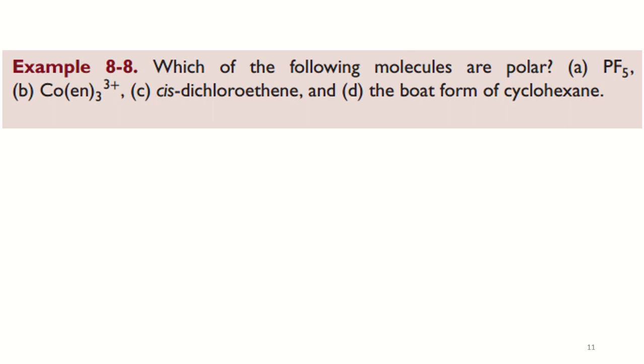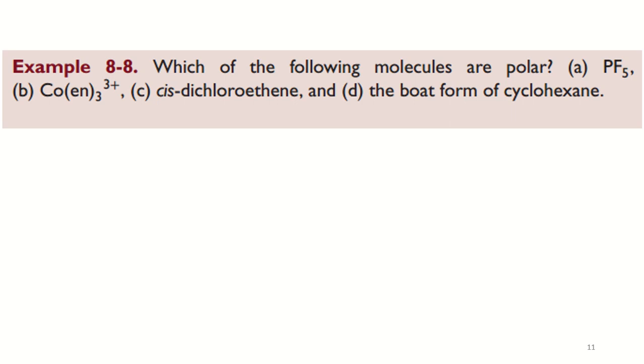Yes, there is identity, C2, sigma v and sigma v dash in the boat form. The principal axis is C2 rotation and there is no other rotation perpendicular to the C2, so we write C2.